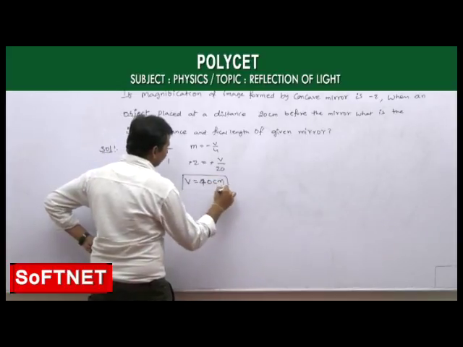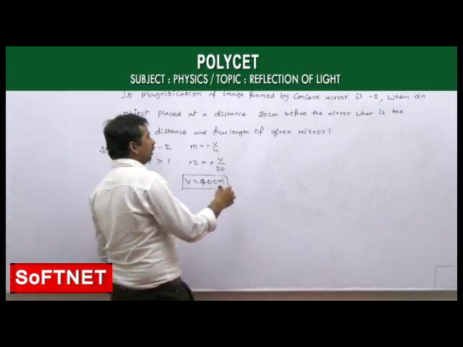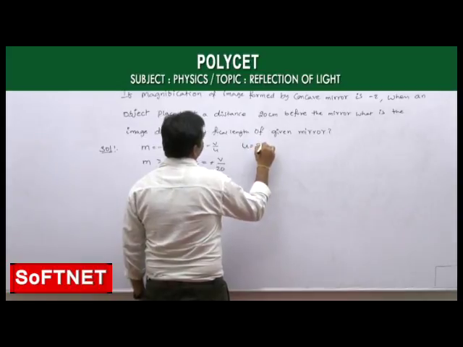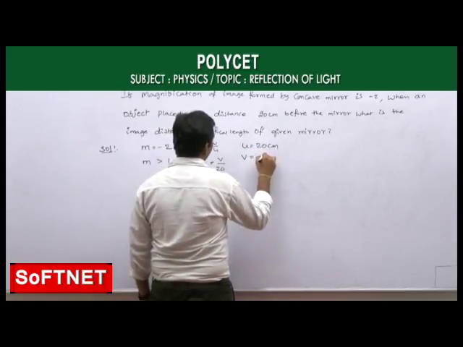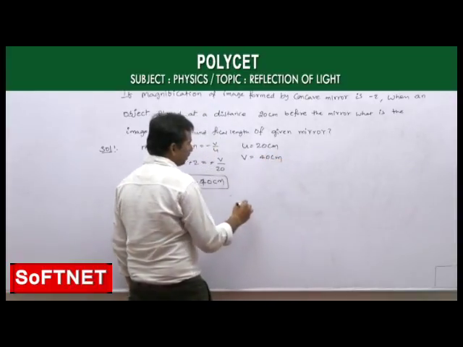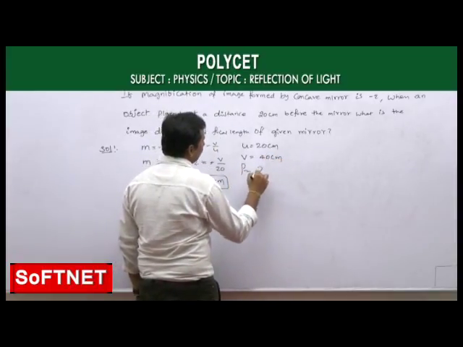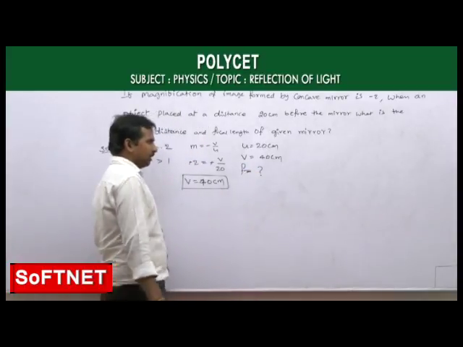So finally, the object distance is 20 centimeters, whereas the image distance we got is 40 centimeters. And what we need is the focal length of the given mirror, the f value.